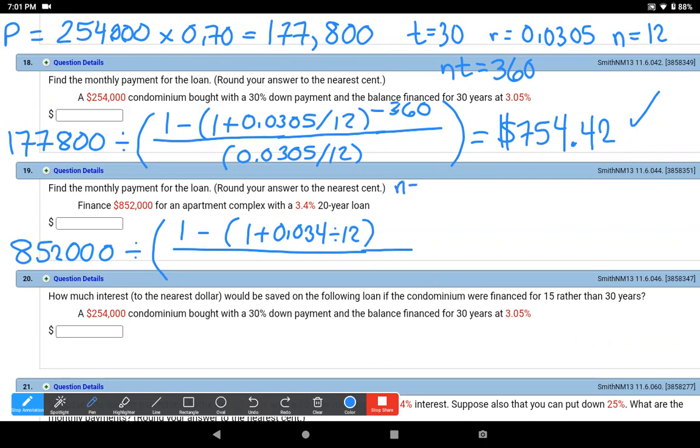N is 12, like we just said. T is 20. So N times T is double with a 0, so 240, so negative 240.